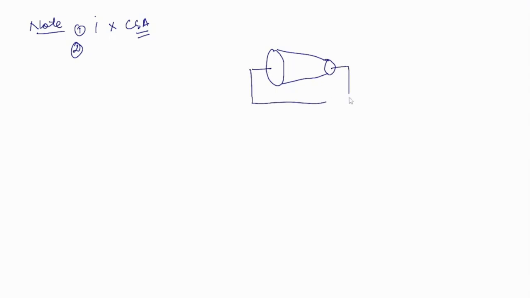Non-uniform cross-sectional area. Okay, this is connected somewhat like this. Let's say here the area is A1, current is I1, E1, J1. Here A2, I2, E2, J2. In the first case, I1 will be equal to I2. This means J2 will be greater than J1.